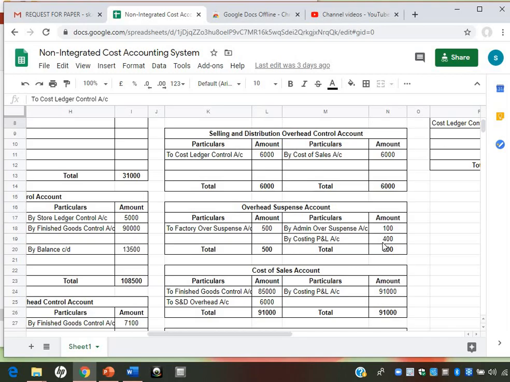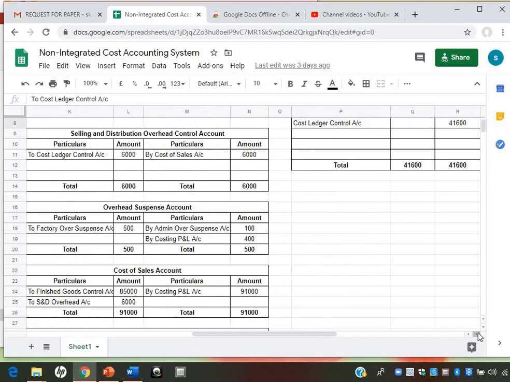This is the new discussion, that any difference of overhead suspense account is transferred to costing P&L account, that you have to remember. Then cost of sales, the cost of sales finished goods are of 85,000. Selling and distribution, we have made expenses and we will add it up to that, and the total cost of sales is 91,000. Now we will shift to the costing P&L account.